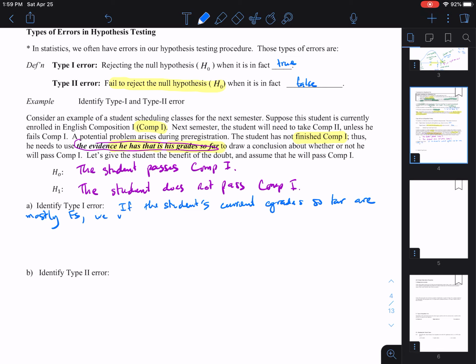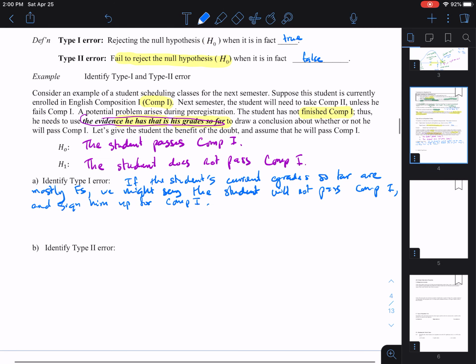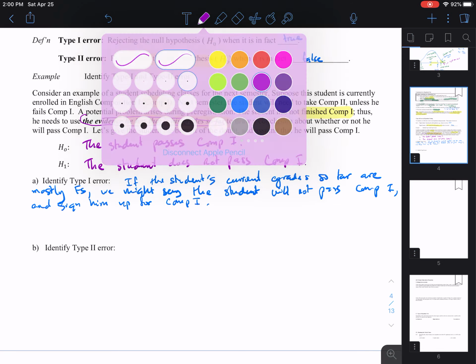Then we might say the student will not pass Comp 1 and sign him up for the same class. Well, what could possibly be a mistake here?